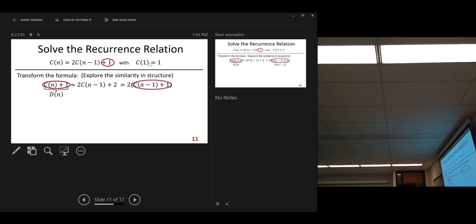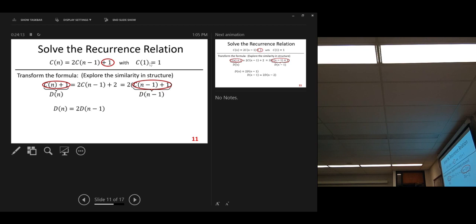How about we define a new function, d of n equals c of n plus 1. If we define the d of n function, this becomes d of n minus 1. We want to simplify the equation. After we introduce this d function, we simplify the original equation in this way.